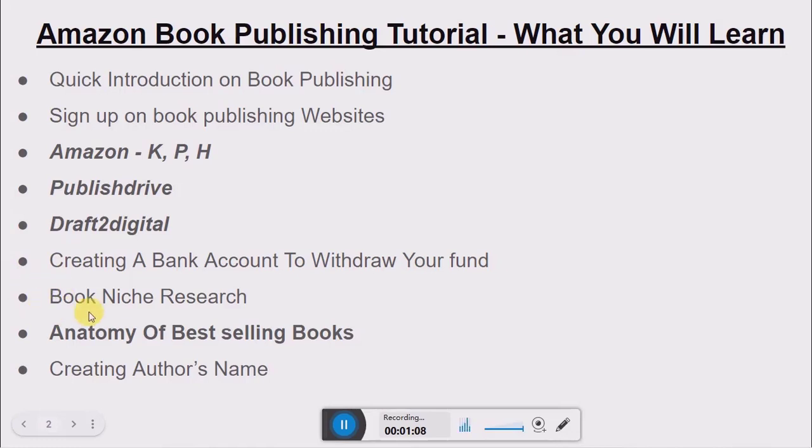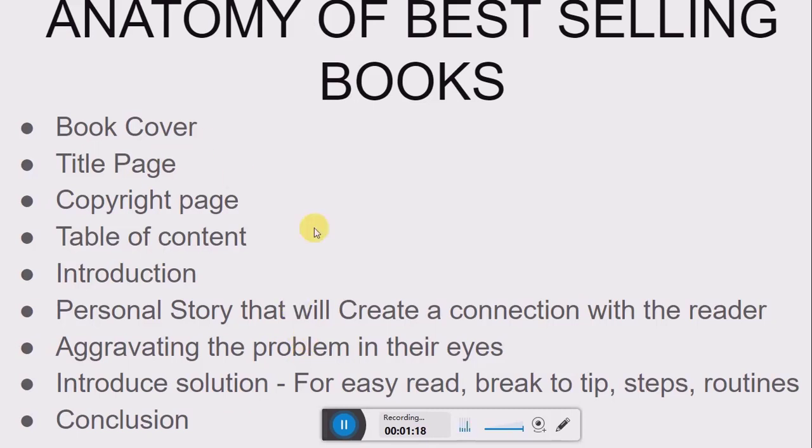Then I also talk about book link research, the videos on my YouTube channel, and I've talked about anatomy of best-selling books, how to create author's name. You can see I've created videos on this, so if you have not watched that video, I would advise that you go over the video and walk through it. I've explained everything on Amazon on that particular video.